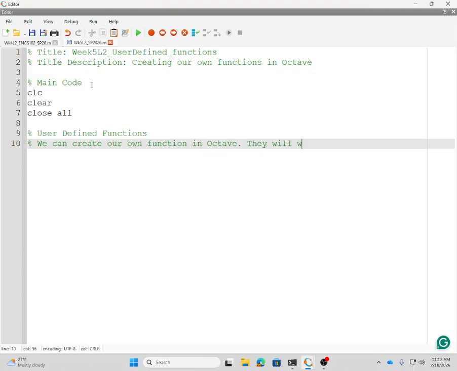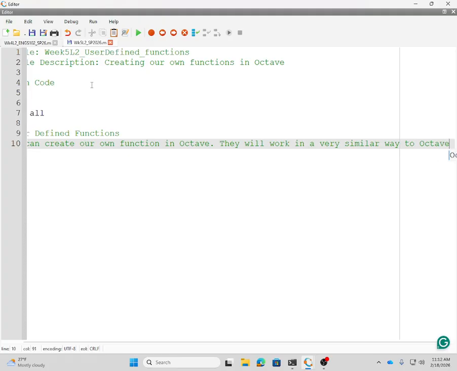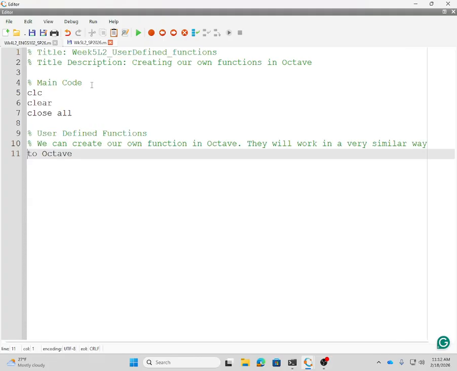They will work in a very similar way to Octave built-in functions. So they are useful because we can use them to replace portions of code.